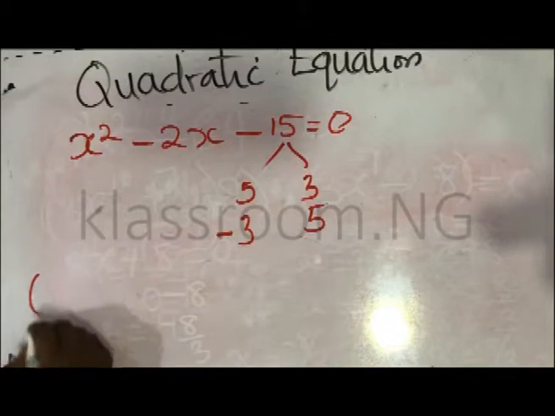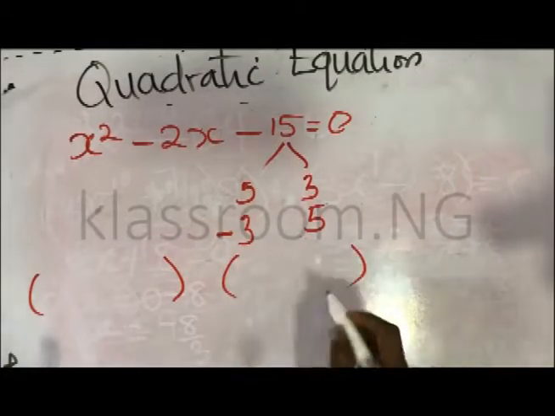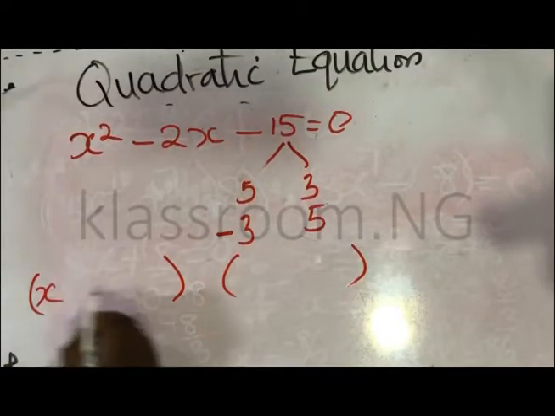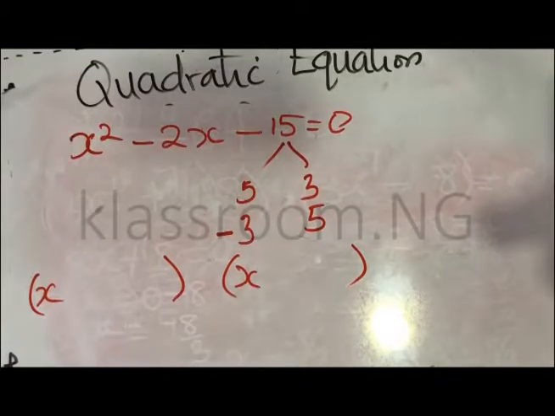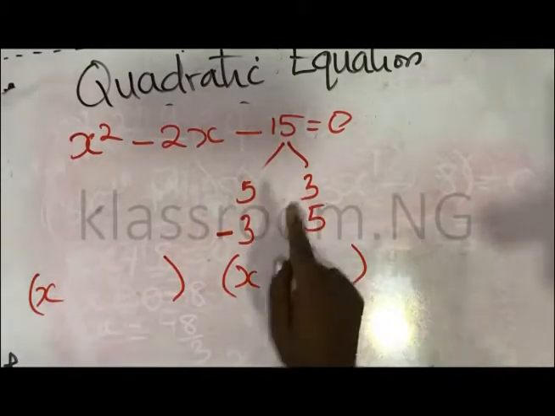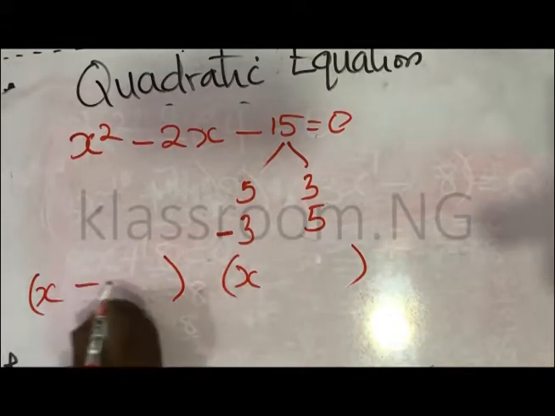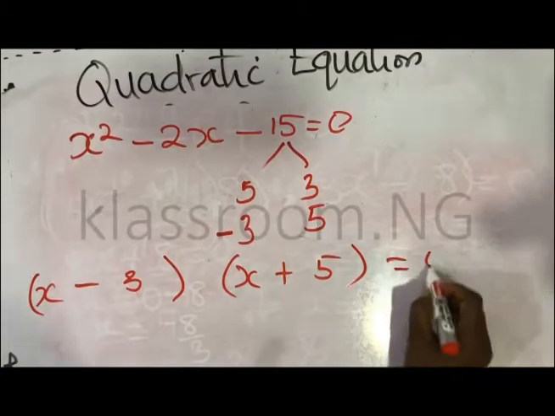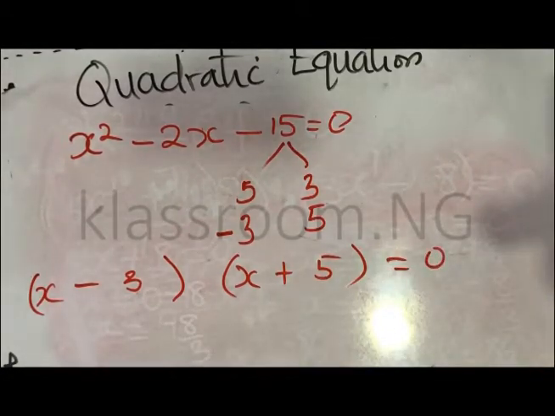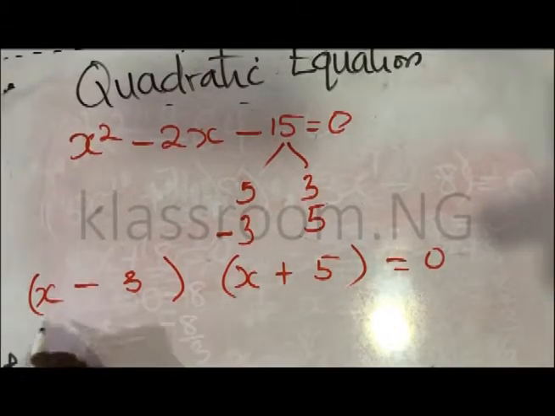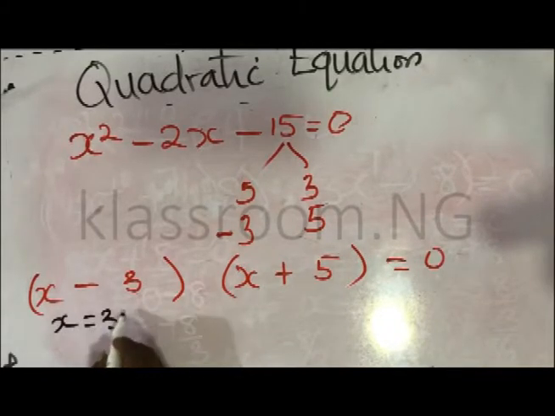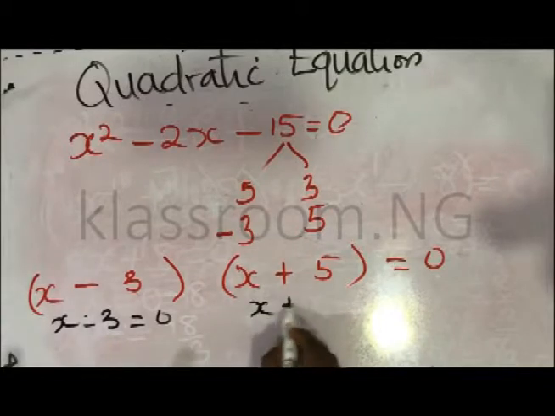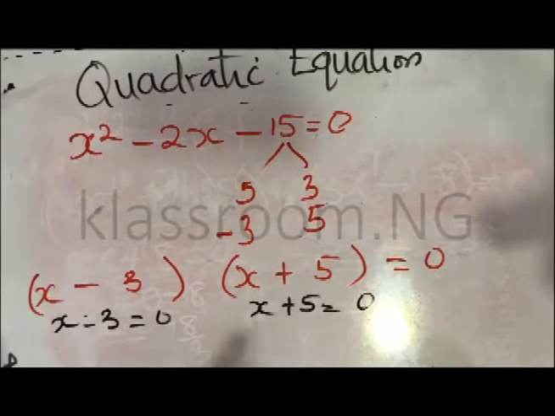So we'll open our bracket. So we have x and we also have x. Now remember, we're considering these two numbers that will give us minus 15. So we're going to have minus 3 and we're going to have plus 5 equal 0. So we have x minus 3 equals 0, and we have x plus 5 equal 0.